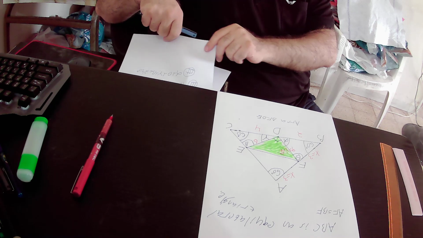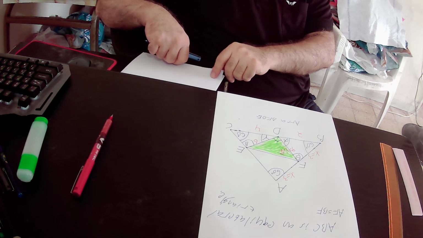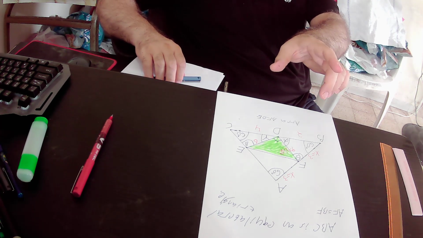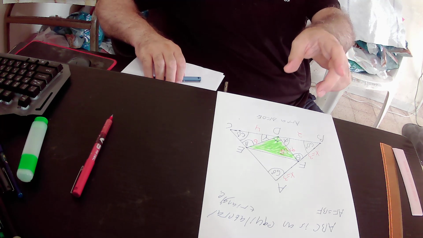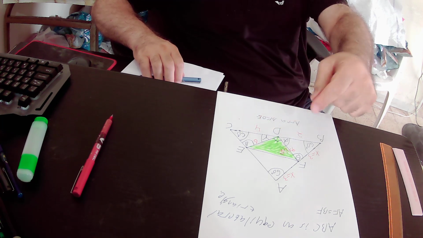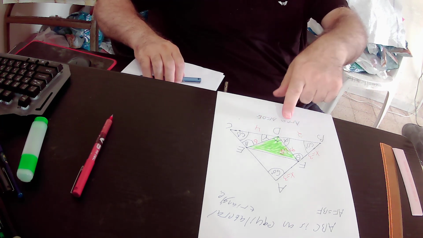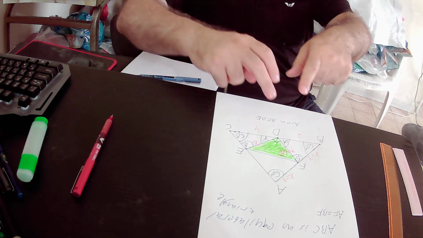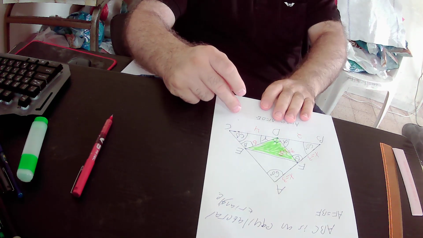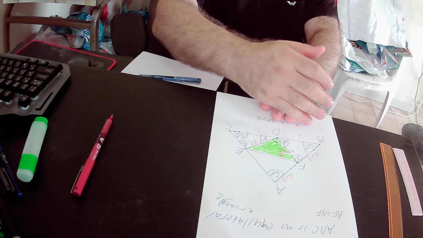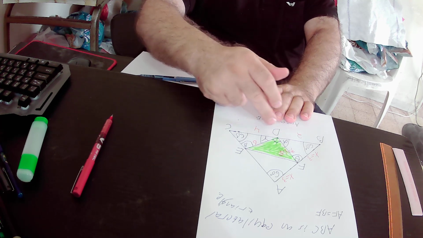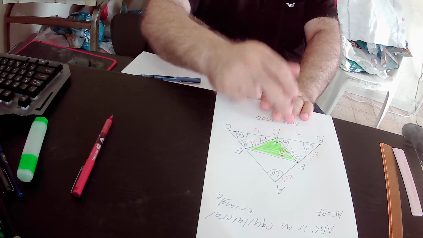we know that the sum of the angles in the upper side of any straight line or any line segment equals 180 degrees. So we have side BC of the equilateral triangle. We know that the sum of the angles in the upper side of the straight line BC equals 180 degrees.